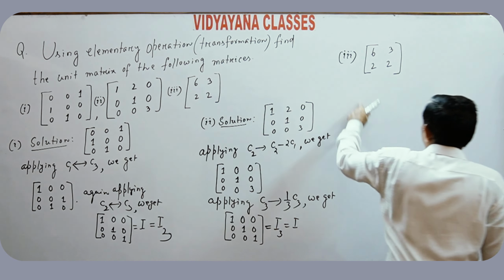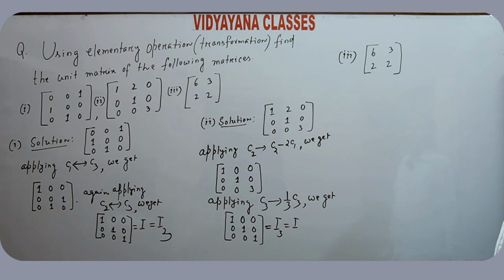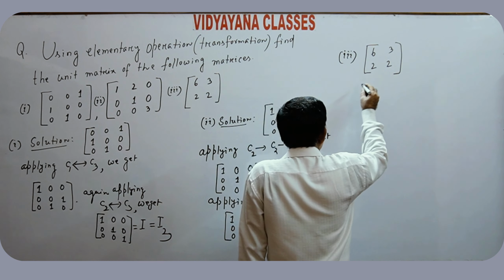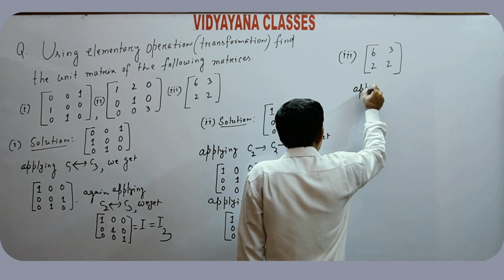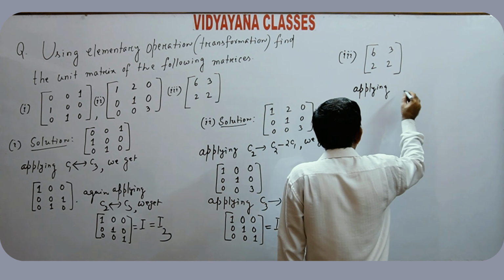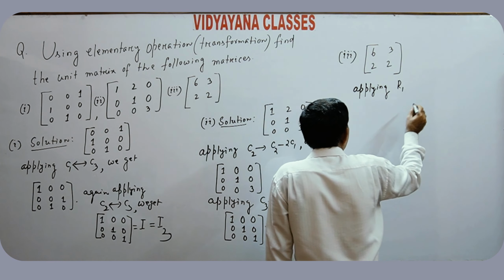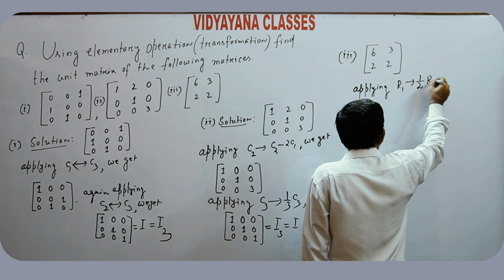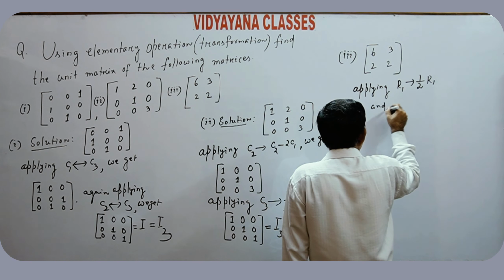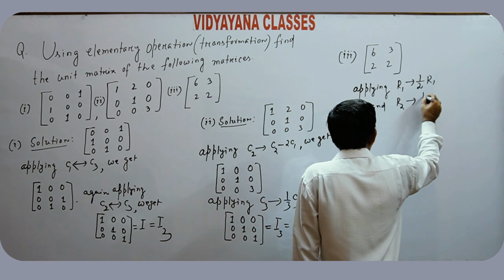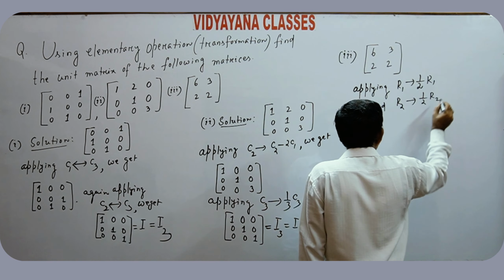Suppose the third bit, we will prove the unit matrix using row operation. Applying row 1 is replaced by 1 by 3 row 1 and row 2 is replaced by 1 by 2 row 2.